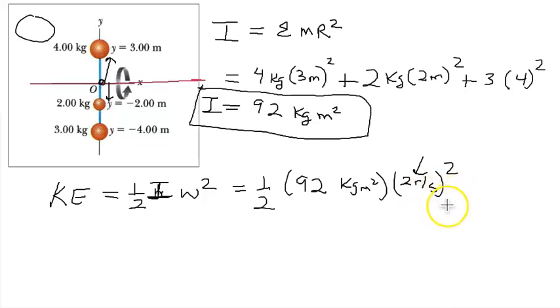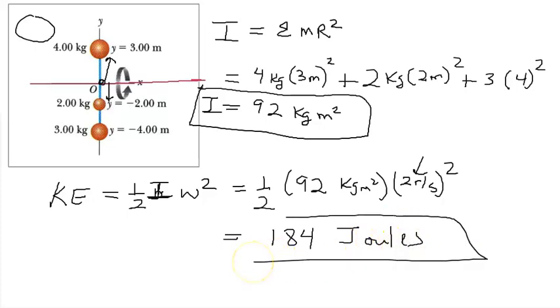It's kind of just a placeholder to remind us that this is a rate of change of angle. So anyway, a kilogram meter squared per second squared is a joule, and you get 184 joules. Okay, so that's how much energy it would take to get that set of gummy bears rotating at this speed.